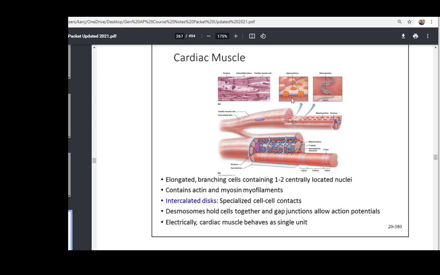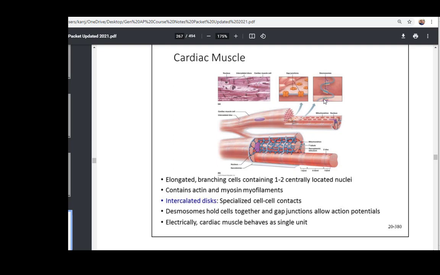So if we have an action potential as a result of increased ion flow, for example, sodium ion, we see an action potential. We see depolarization as a result. And that causes contraction, and that's going to go from cell to cell very quickly as long as there's these passageways for those ion changes to flow from cell to cell. The desmosomes tether the different cells together, so if one cell contracts, the other cell goes with it.